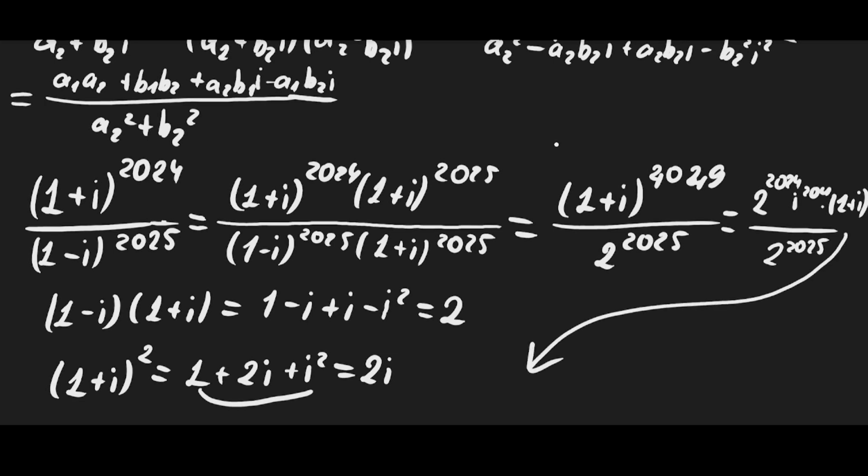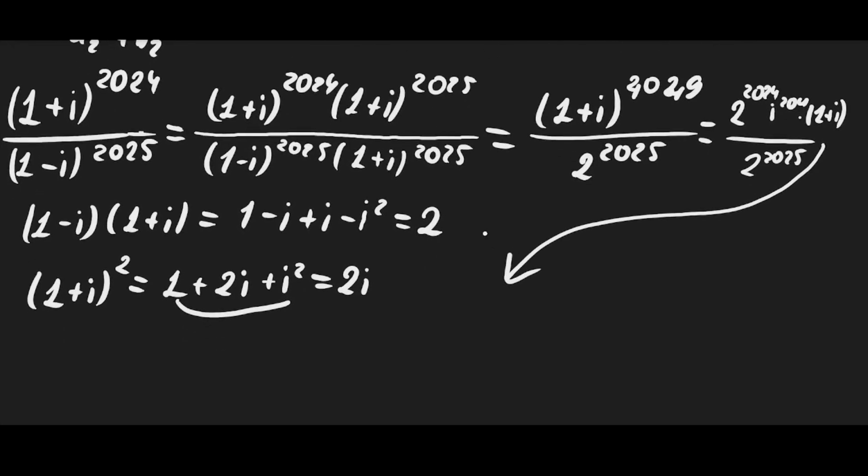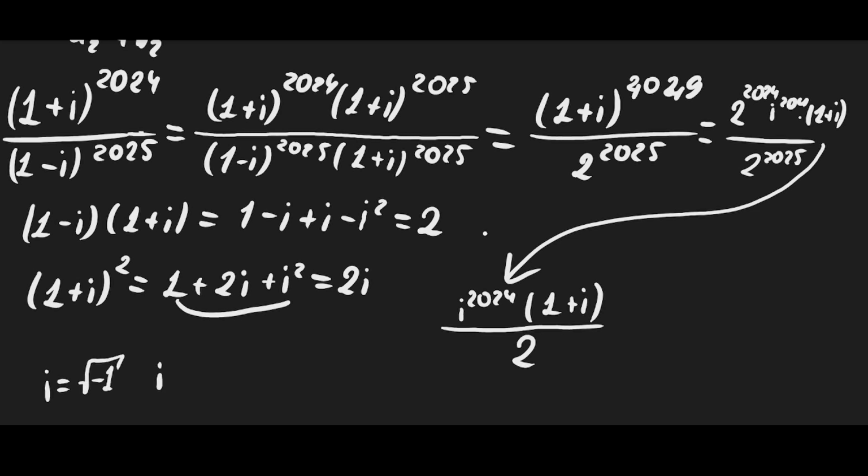From here, we would get i to the 2024 times (1 plus i) over 2. Then how can we compute i to the 2024? If i is the root of -1, then i squared is -1. i cubed would be i times i squared, so this would be -i.